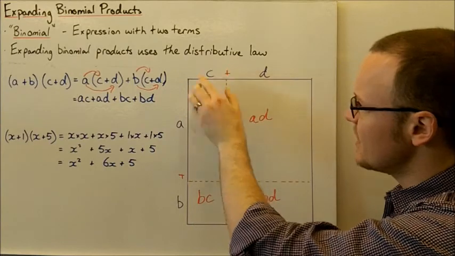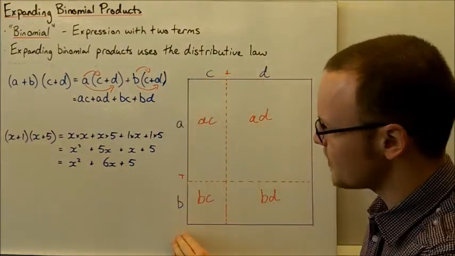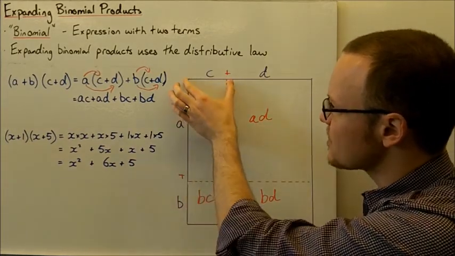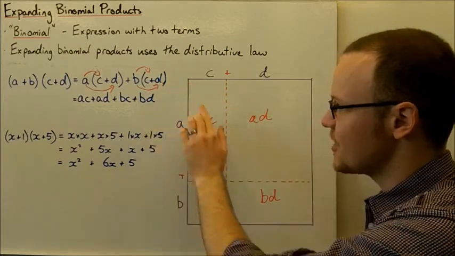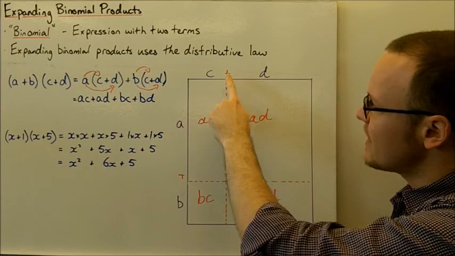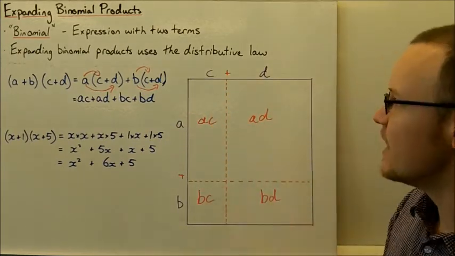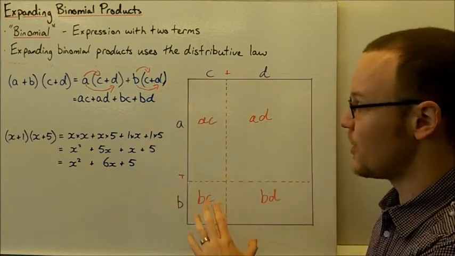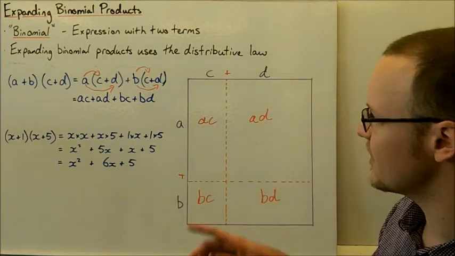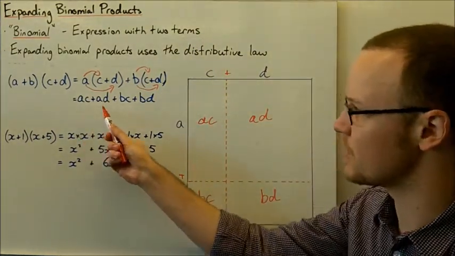The whole side length is C plus D on one side and A plus B on the other. This smaller rectangle has sides C and A, so its area is AC. The other areas are A times D, B times C and B times D. So the area of the whole thing, A plus B times C plus D, can also be written as AC plus AD plus BC plus BD, which is what we've got here.